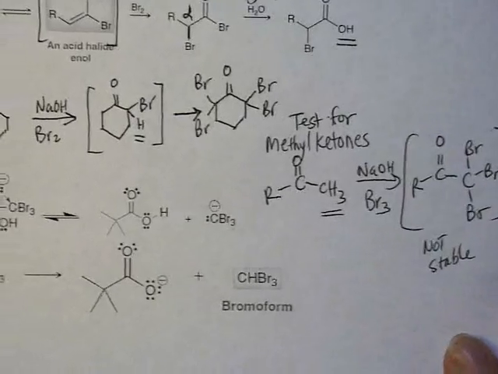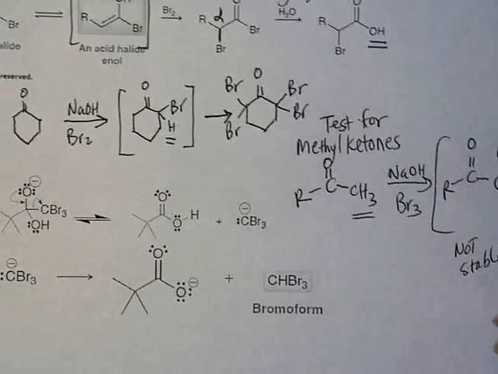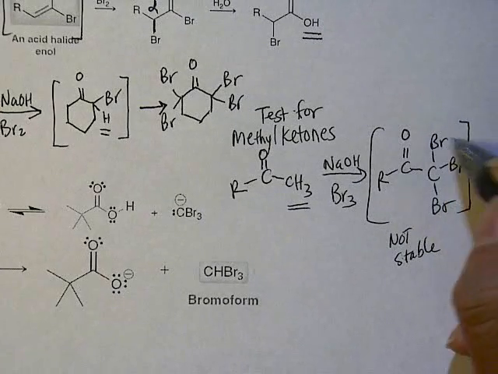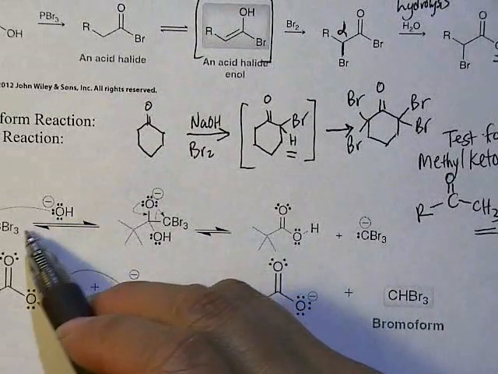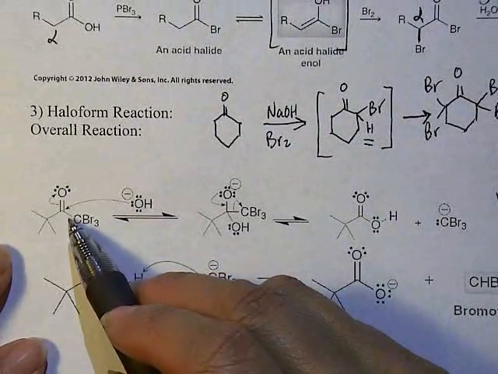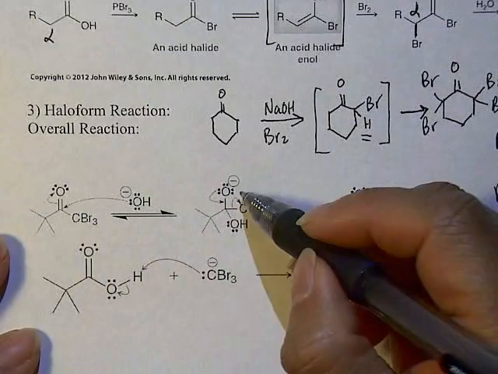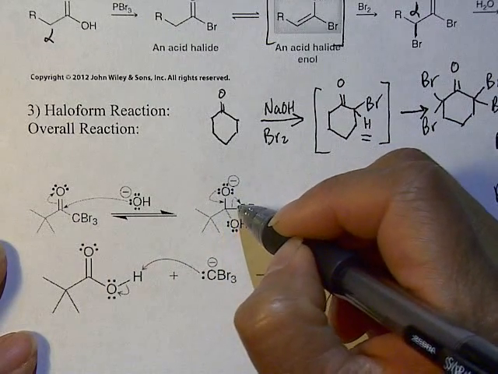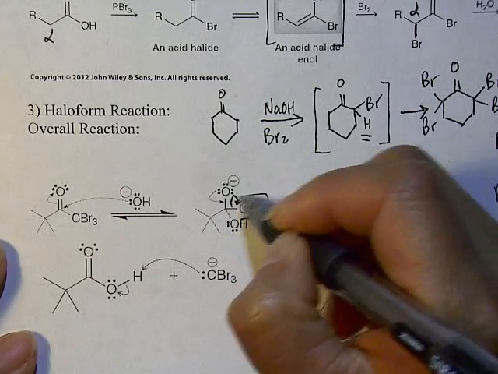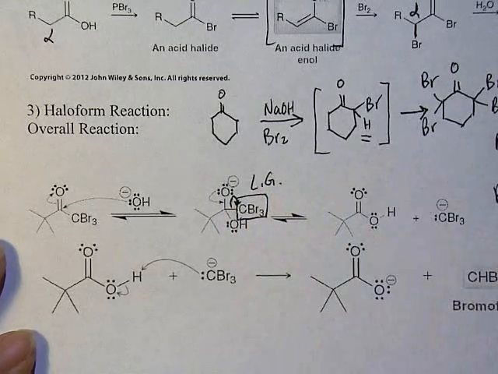This actually is not isolatable because it's not stable. Because this is now a good leaving group with 3 halogens, it gets attacked by the base that's present. That's what's shown here. Once the base adds and then the O- comes down, this leaves as a leaving group.